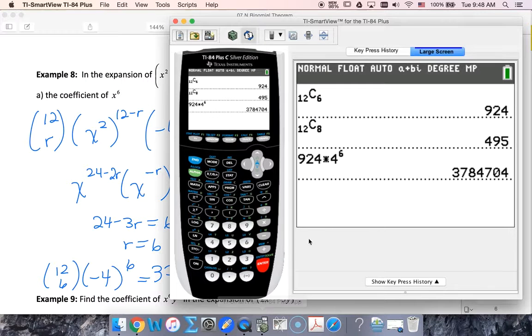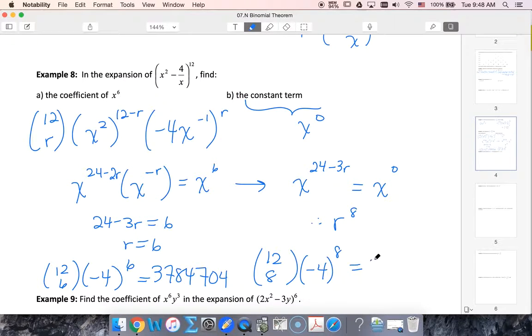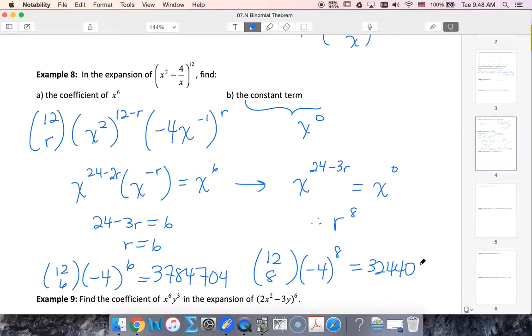And in this case, I'm going to have 495 times 4 raised to the 8th, again ignoring the negative because I'm raising to an even power, and now 32,440,320.